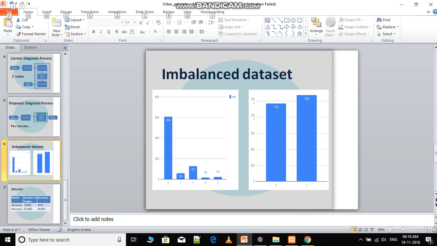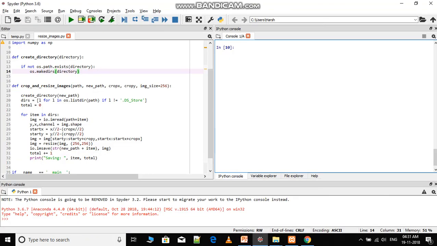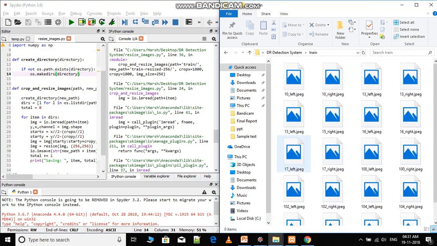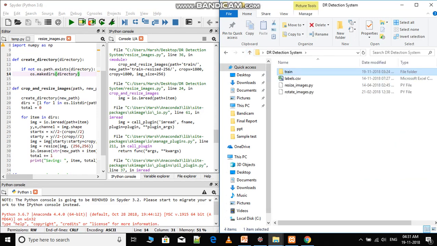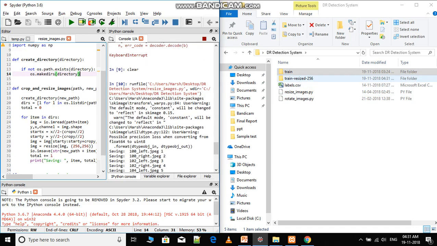Let's get hands-on with some pre-processing. For the demonstration, we will show how we resize the images. We have taken 20 images for the demonstration. Now, as soon as we run the script, we can see a new directory being created.